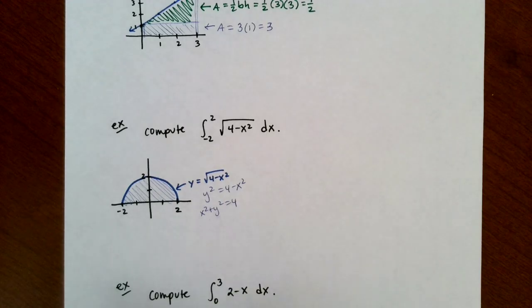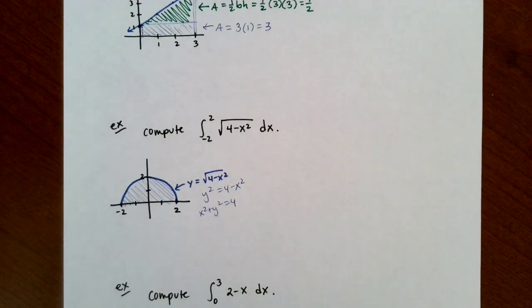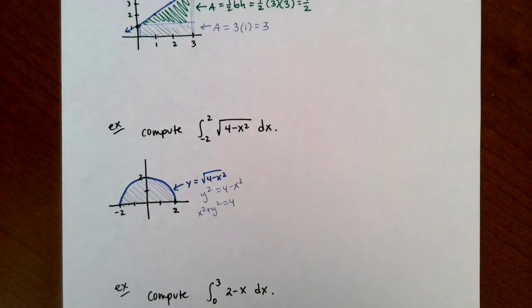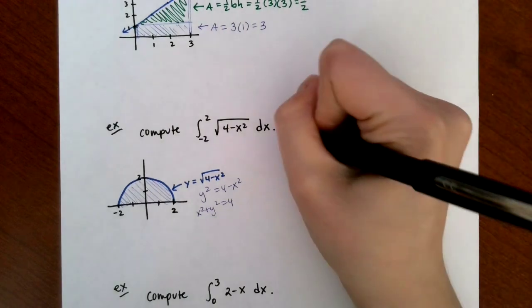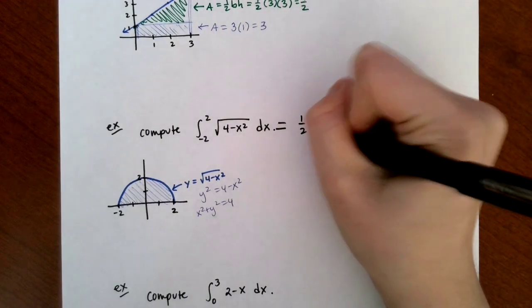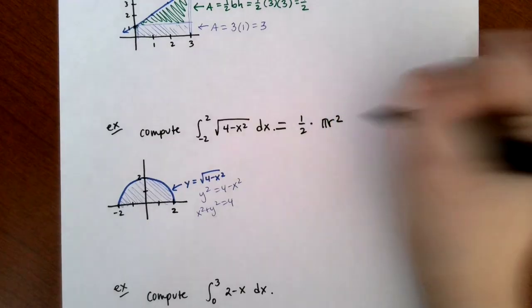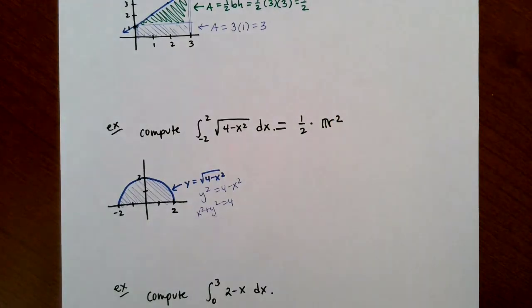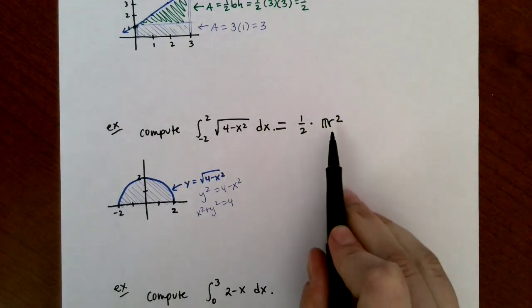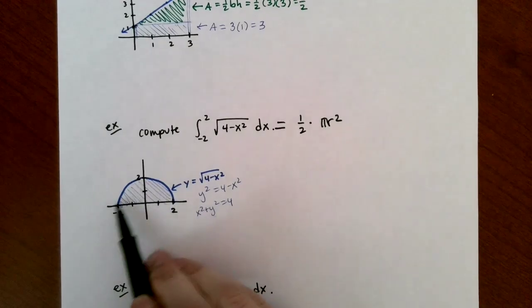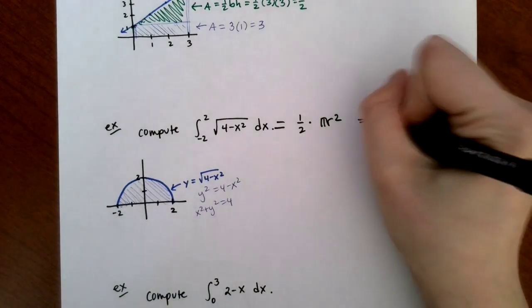All right, so this is going to be half the area of the full circle. And because we're not adding different areas together, I can just go straight to my answer computation. So 1/2 the formula for the area of a full circle, which would be pi r squared, and we're doing half of it because it's just the top half of the circle.